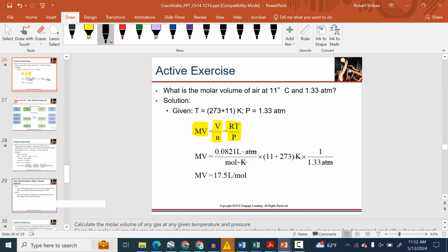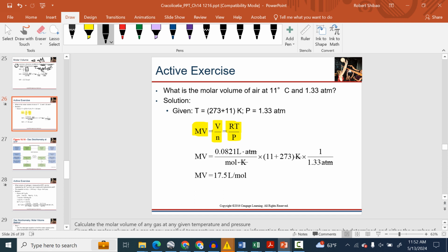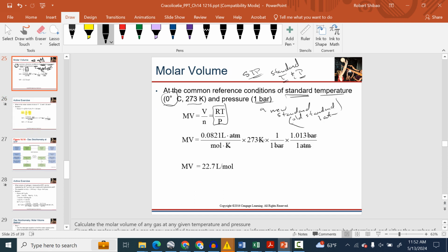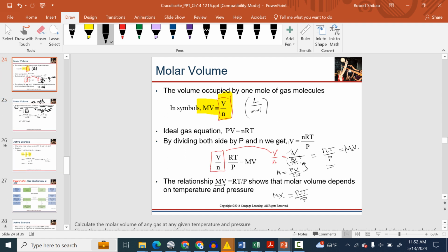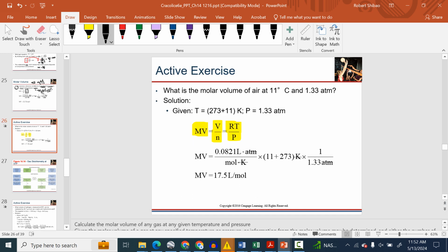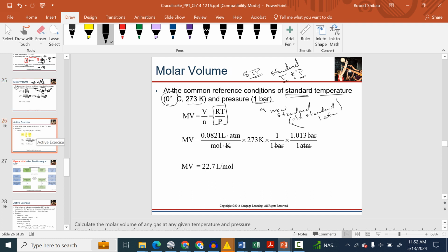I showed you one way on the previous slide, the conventional analysis. But there's actually easier ways of deriving this, so let's do some other ways of looking at this.